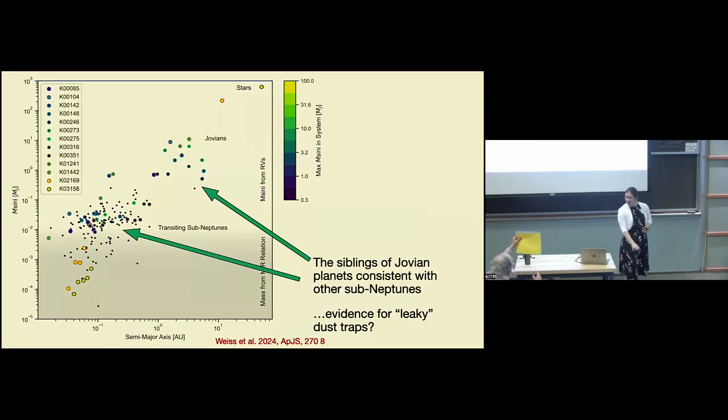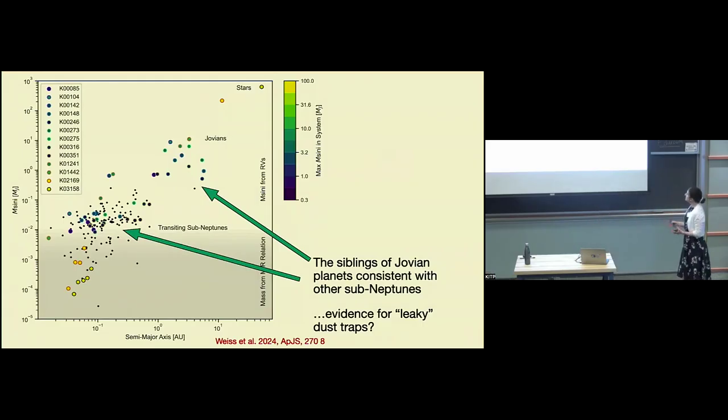On the other hand, if we look at the Jovian planets in that Jovian region and their siblings, which are color-coded the same but in that transiting sub-Neptune region, the siblings of the Jovian planets are consistent with the other sub-Neptunes in terms of their semi-major axes and their masses.